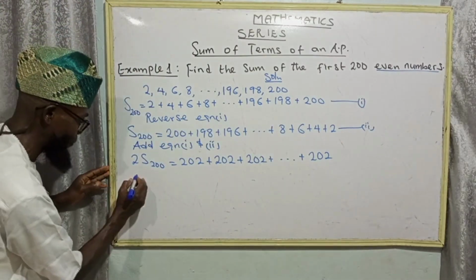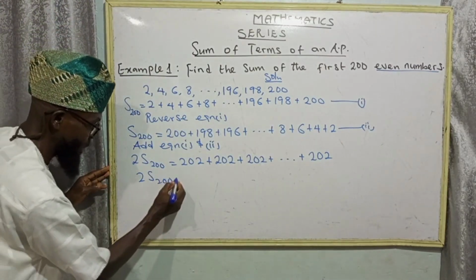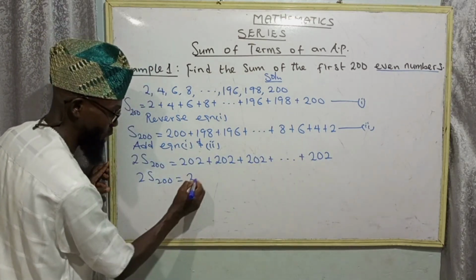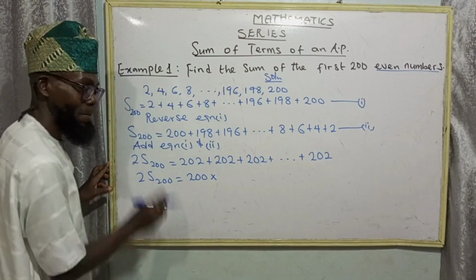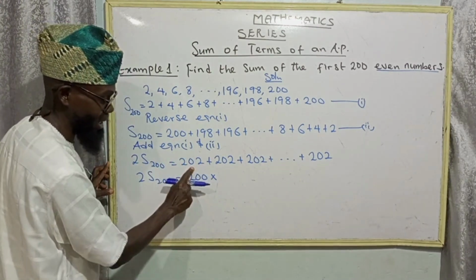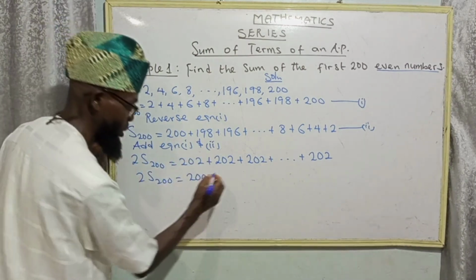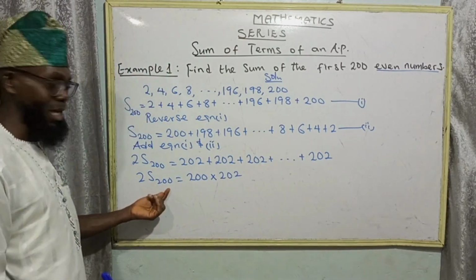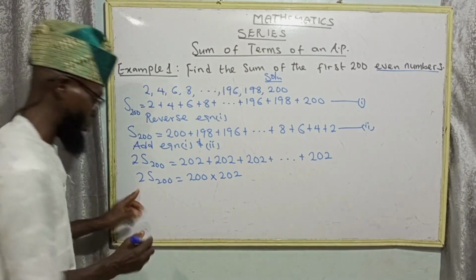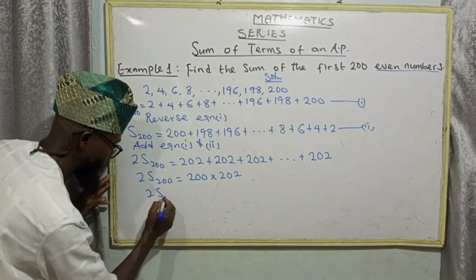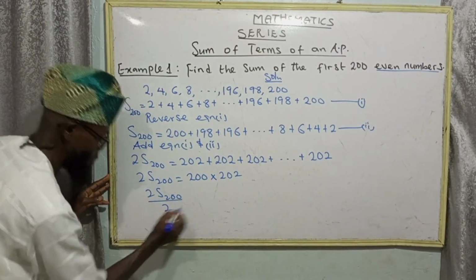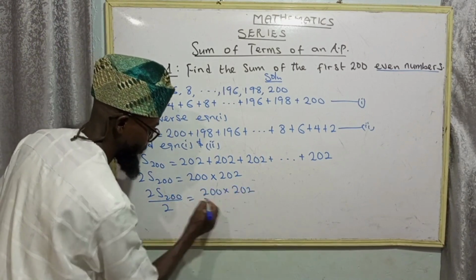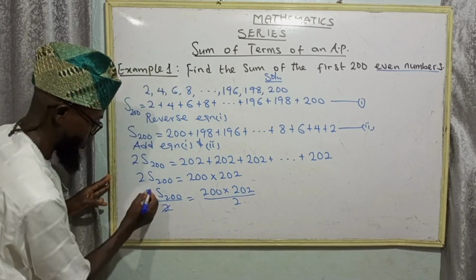From here, we have 2S200 equals the number of terms, which is 200, multiplied by each of the sums, which is 202. They are the same, just pick one, 202. So from here, I need to get my S200. I have to divide both sides by 2. So I have 2S200 divided by 2 equals 200 multiplied by 202 divided by 2. 2 cancels 2.